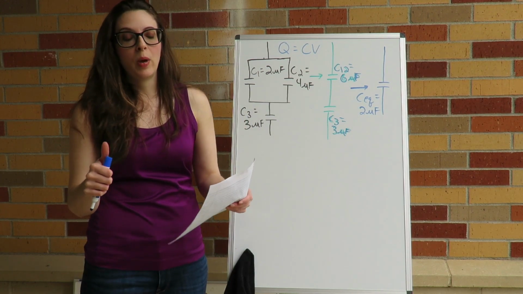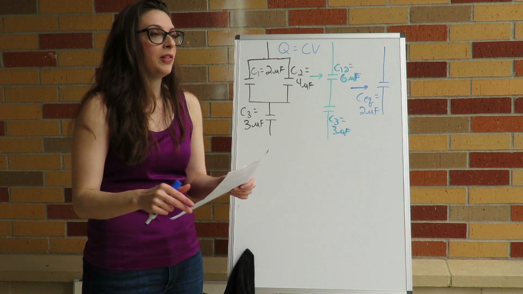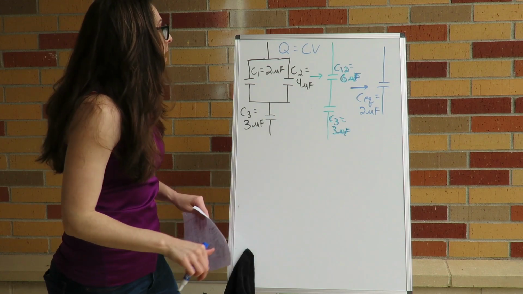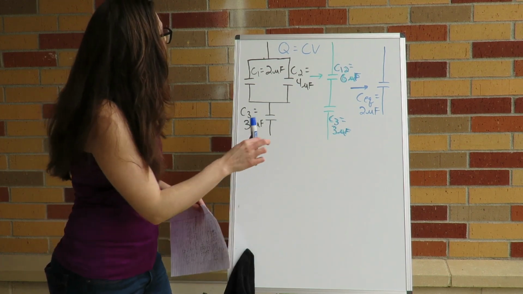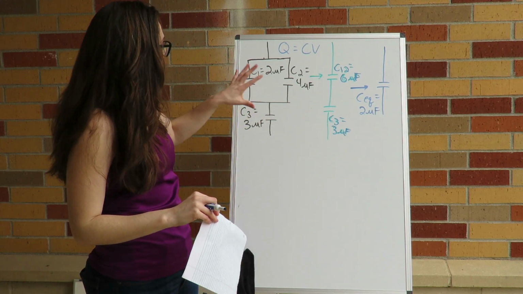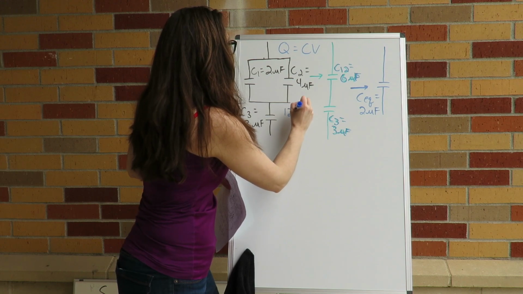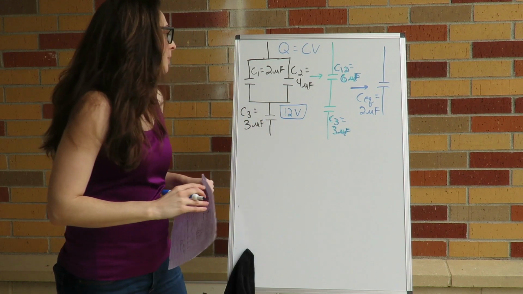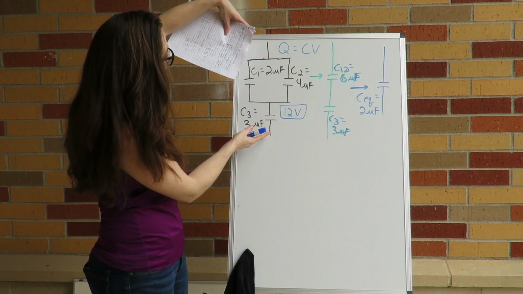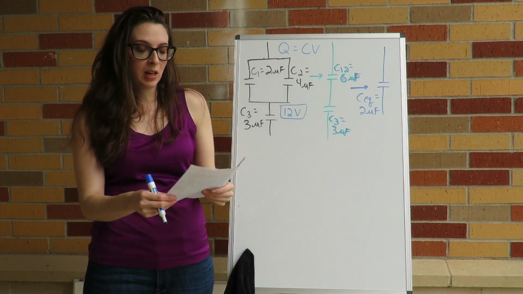And so now the next question is we want to find the charge on each capacitor and the potential difference across each capacitor. And in order to do that, you need to know that we've connected this capacitor combination up to a 12-volt battery. Okay, so that's going to be the potential difference across our entire combination of capacitors here.